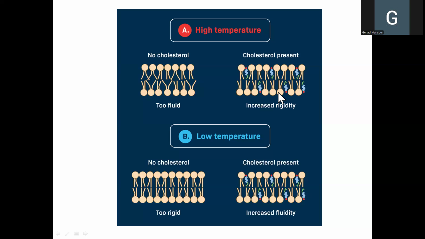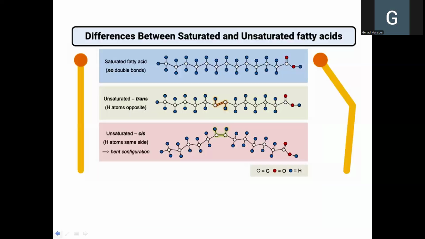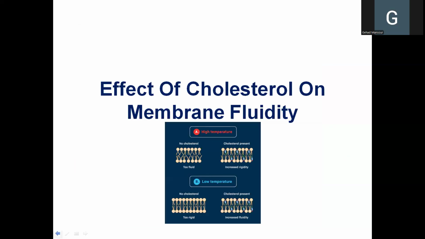But recently, it has been proved that cholesterol has different, even opposing functions depending on the temperature. But before studying the effect of cholesterol on the fluidity of the cell membrane, let's first see the structure of the fatty acids and the structure of cholesterol.